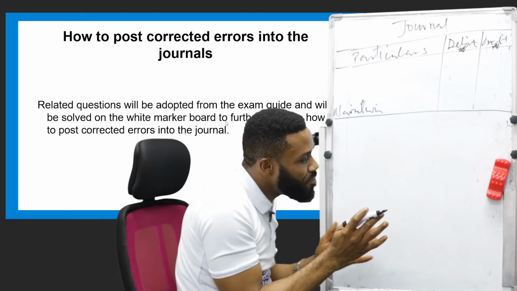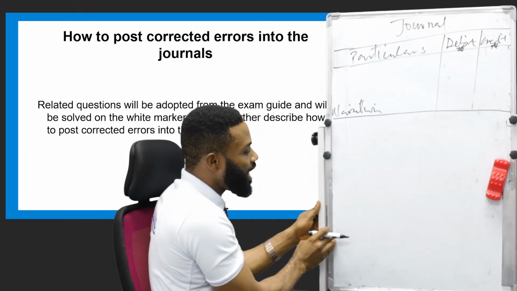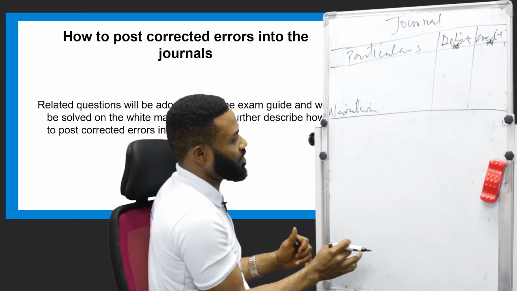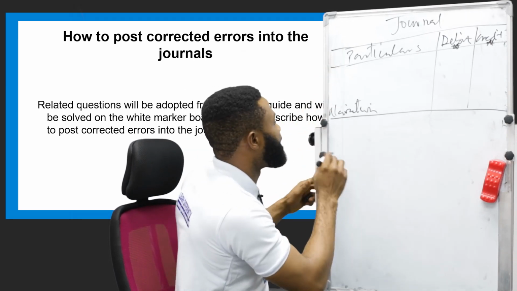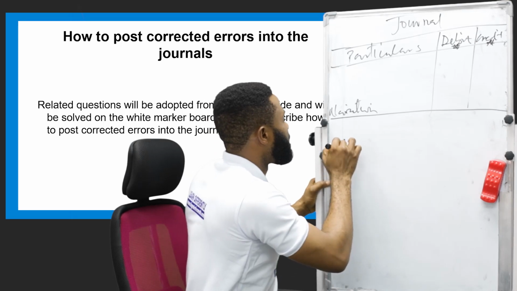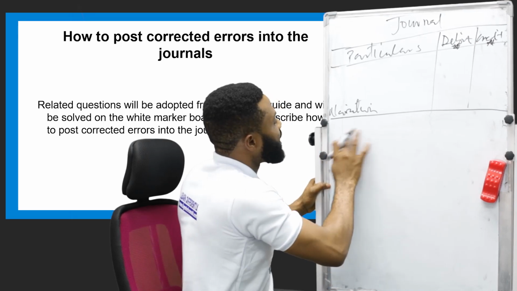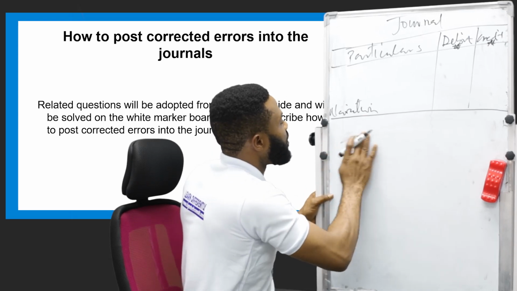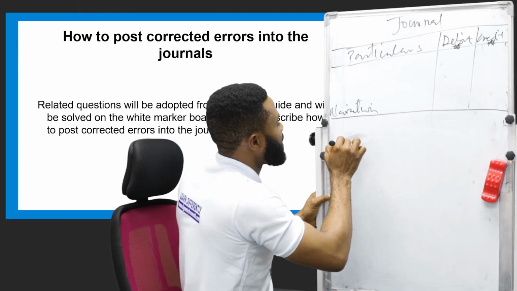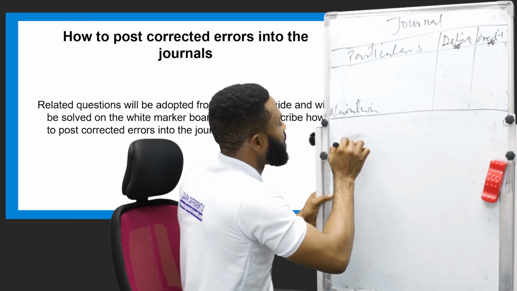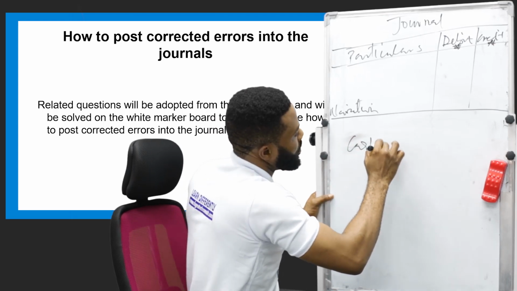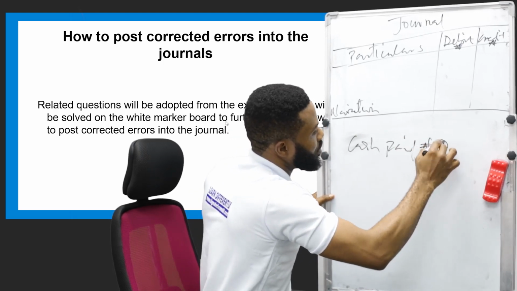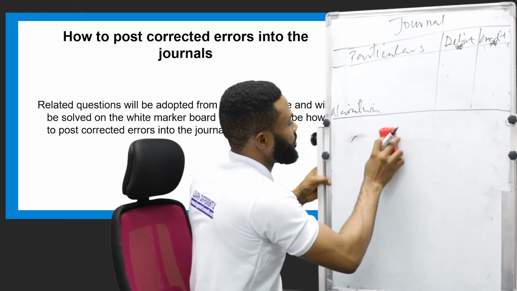Like for instance, let me make a mistake here and then correct it. Okay, let's take salary paid, or let's say 10,000 expenses, cash paid 10,000 naira cash.